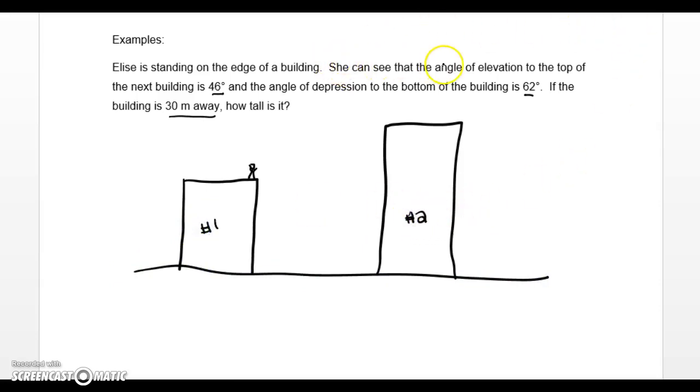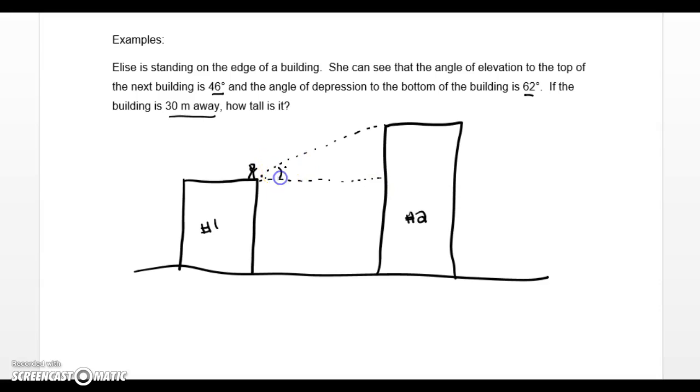So what we know is that she can see the angle of elevation. So we're talking about elevation, you're looking up to the top of the building, and that one there is a 46-degree angle. When we're talking about that 46-degree angle, it's usually going from some sort of horizontal line going up. So I'm just going to draw an imaginary little line here.